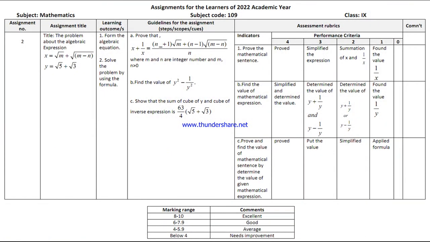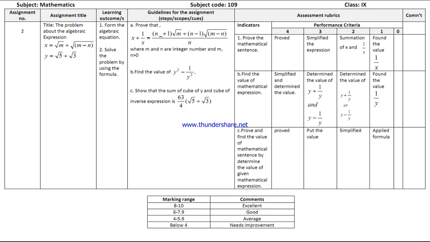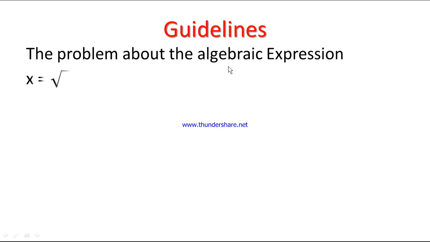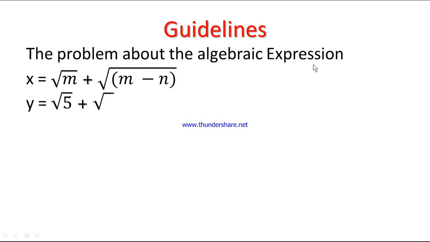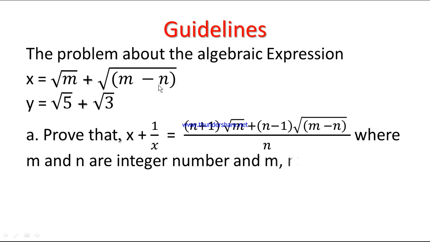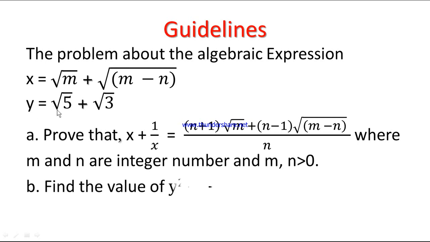Let's see the assignment. Guidelines. The problem about the algebraic expression: x is equal to root over m plus root over m minus n, and y is equal to root m plus root 5 plus root 3.